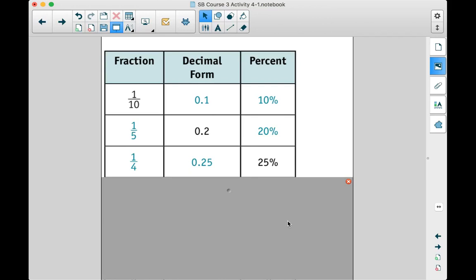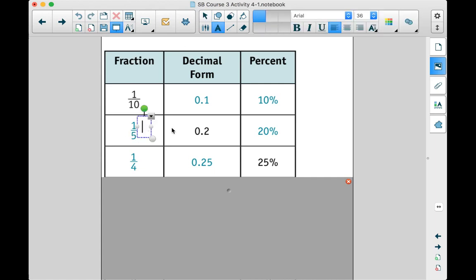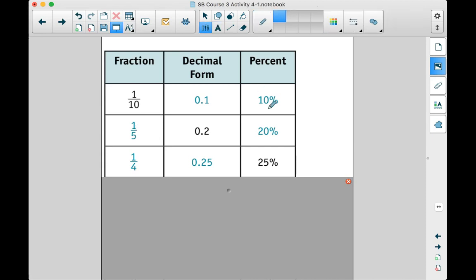Okay, so you should have these as your answer, and this should be simplified. So if you had 2 over 10, well, it doesn't have to be simplified. That may be why you got a different answer. If you had 2 over 10, because that is the tenths place, then that would simplify.